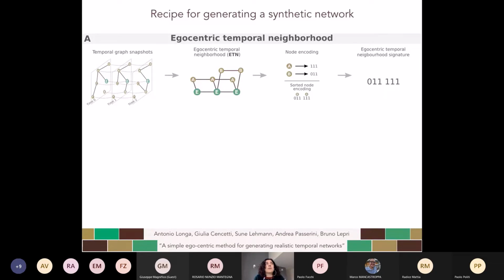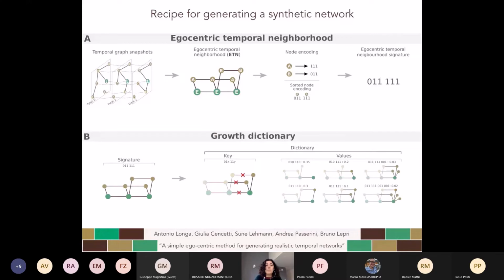Then the new network will be generated node by node and step by step. So we first need a tool that, given the neighborhood of an ego node in 2 time steps, tells us how to prolong it and to obtain the third step.